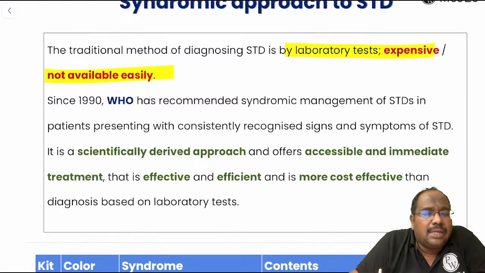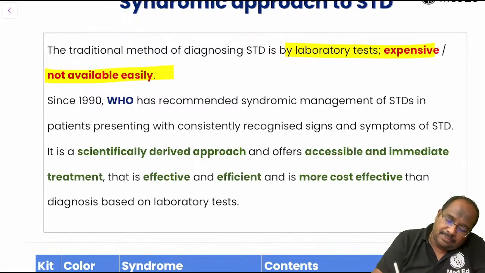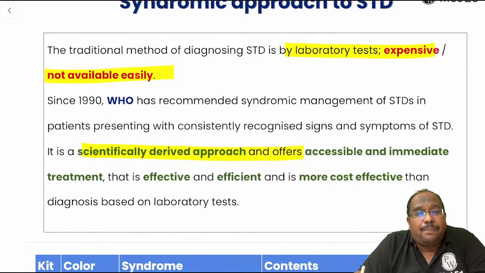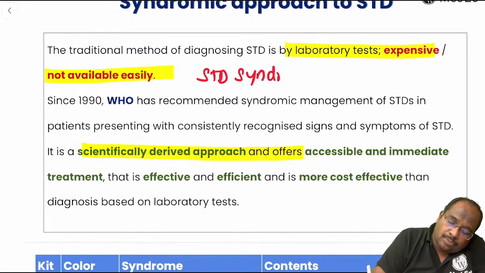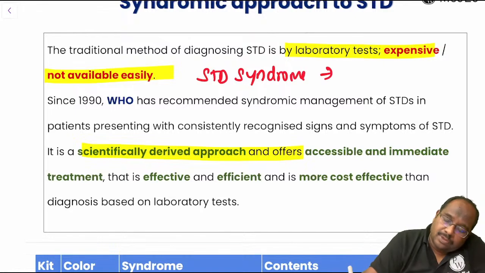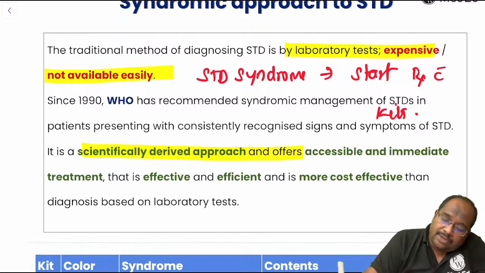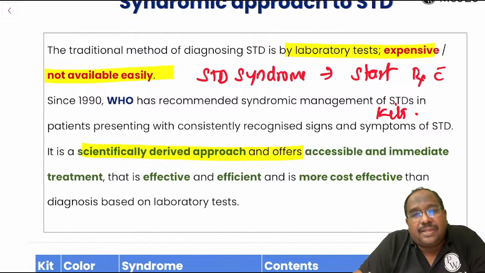With the help of WHO, the government developed a scientifically derived approach. If a patient comes with a particular STD syndrome, you can directly start treatment with kits. That is the syndromic approach.